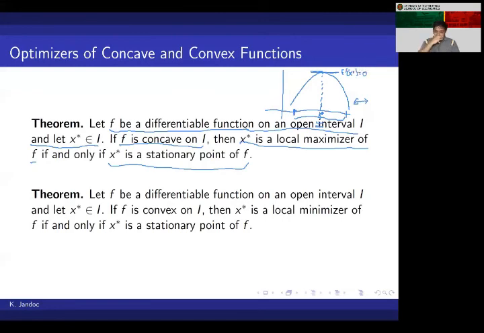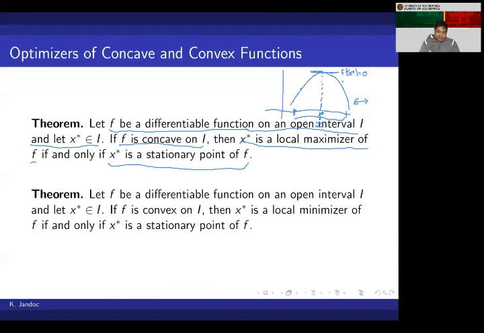So the slope of the tangent line at x star is equal to 0. So obviously, since this is a concave function, as you go from left to right, you start with a positive slope, and then you go to 0, and then as you go further right, the slope becomes negative.